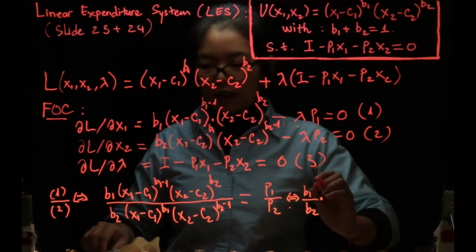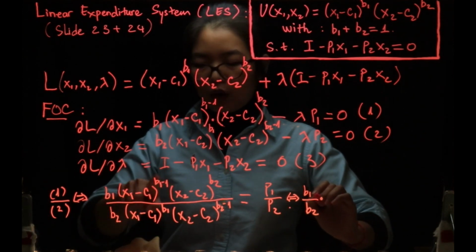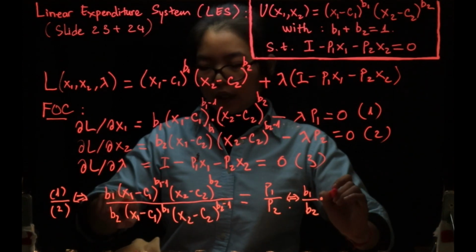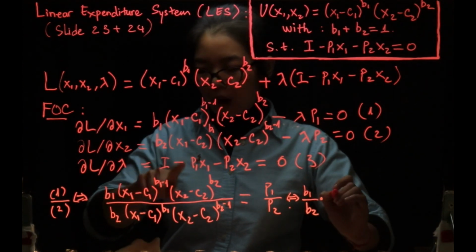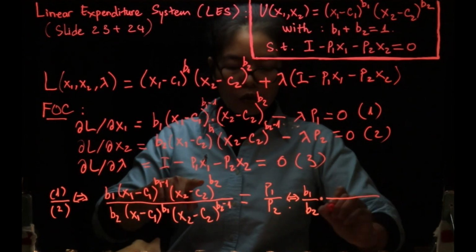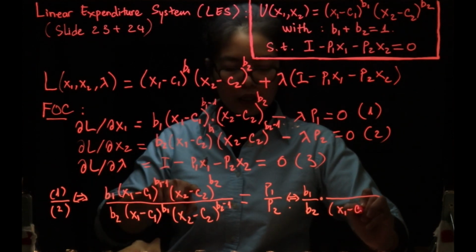So we still have the minus 1 in the exponent, and (x1 minus c1) to the power minus 1 is 1 divided by (x1 minus c1).